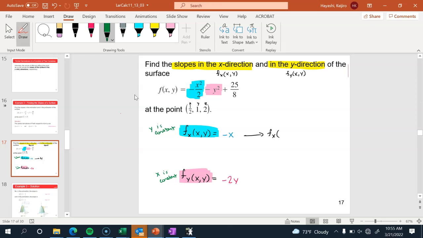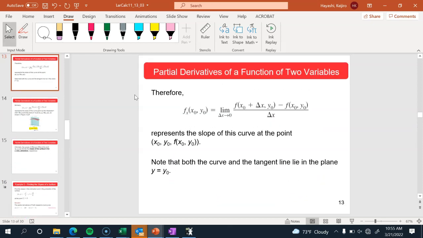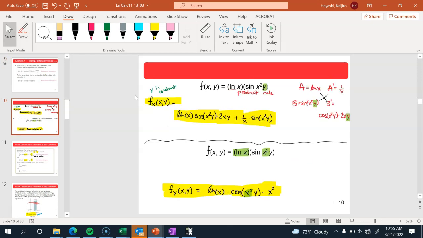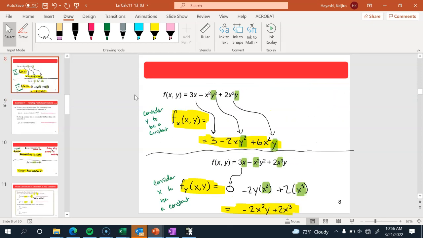Yeah, exactly. If we go back a little bit, for this one there were mixes of x and y, and so you treat them like constant multiples instead of constant terms, and so they tended to carry on when you had the partial derivative. Same thing here. There are terms that are mixes of x and y, and so some of the constants will carry on when you take the derivative.